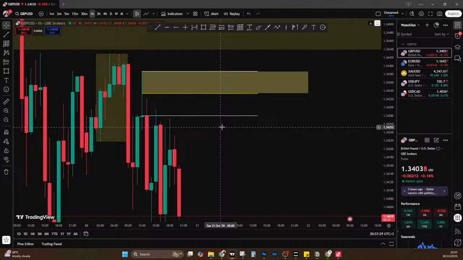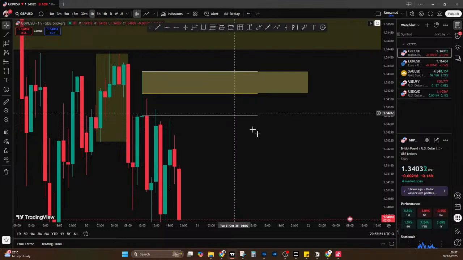Me with my people, we also became liquidity on gold. That is why I don't like gold. Gold is not for the faint-hearted. So we also became liquidity, but it doesn't matter. We continue anyway.